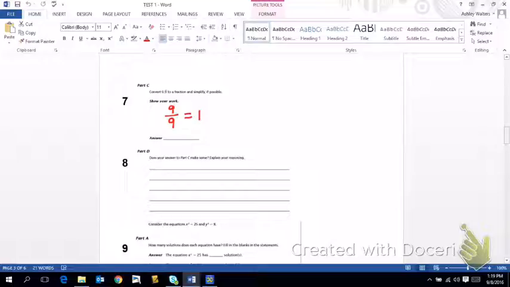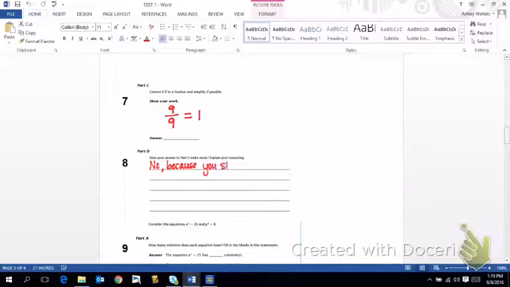So we notice in number 8, part D, it says, does your answer to part C make sense? And explain your reasoning. It does not make sense, because when converting numbers between fractions and decimals, you should be able to go back and forth between the two.